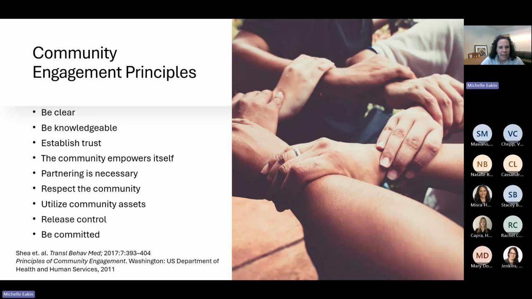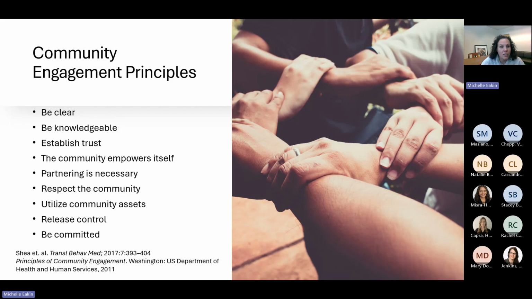This is a little hard for us academics, but we have to release control. That means some of the things that we do will be what's best for the community and not what's best for the science. And this is why implementation science is often more pragmatic, because we're not able to strictly control the environment to have optimal internal validity. We need to be adapted to the context and understand what the community needs, which means that things aren't going to be as tightly controlled.